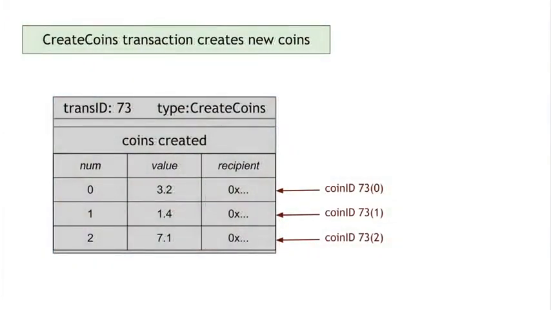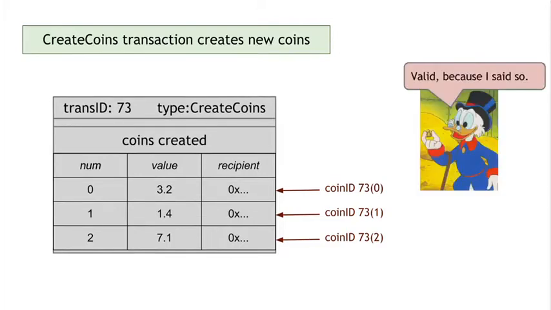Now we're going to have a concept in Scrooge coin of a coin ID. That refers to a particular coin. So this particular coin here is coin ID 73 because it was created in transaction 73. And it was number 0 within that transaction. Similarly, we have 73 1, 73 2 and so on. So every coin in Scrooge coin has a coin ID that we can use to refer to it.